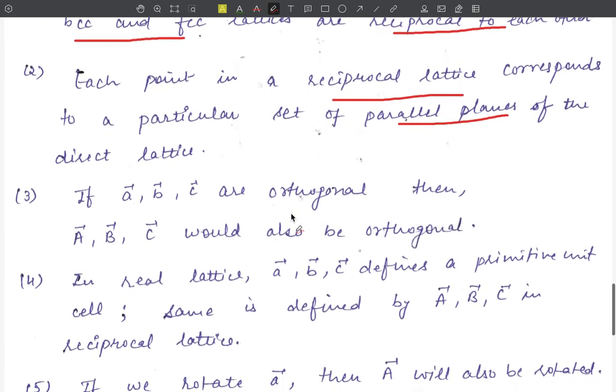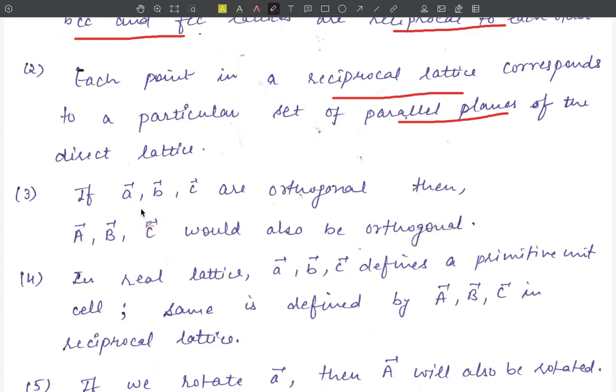The next one is that if small a vector, b vector and c vector are orthogonal, then capital A vector, B vector and C vector would also be orthogonal. That is, the relation that the direct lattice vectors have among them, the same relation will be there among the capital A vector, B vector and C vector, that is in the reciprocal space.